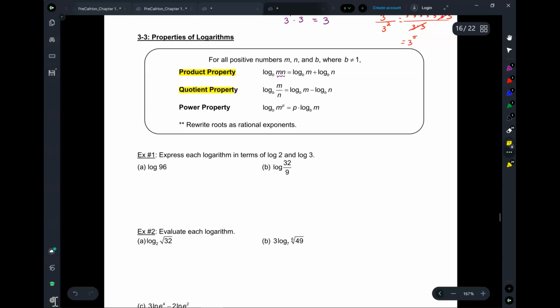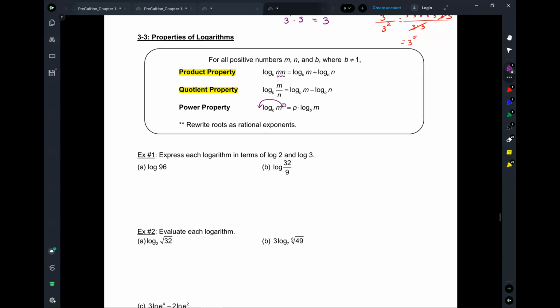Do you have to memorize them? Yes, you do. The power property is the last one that says if you have log base b of m to the power of p, the p comes down and it becomes a coefficient.